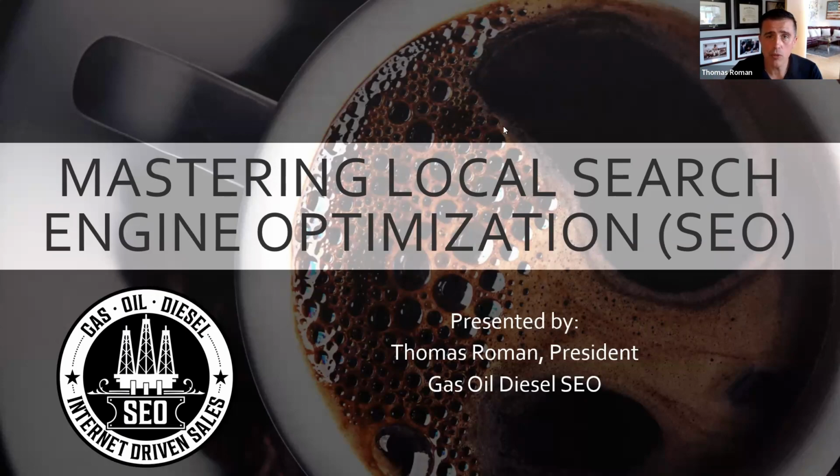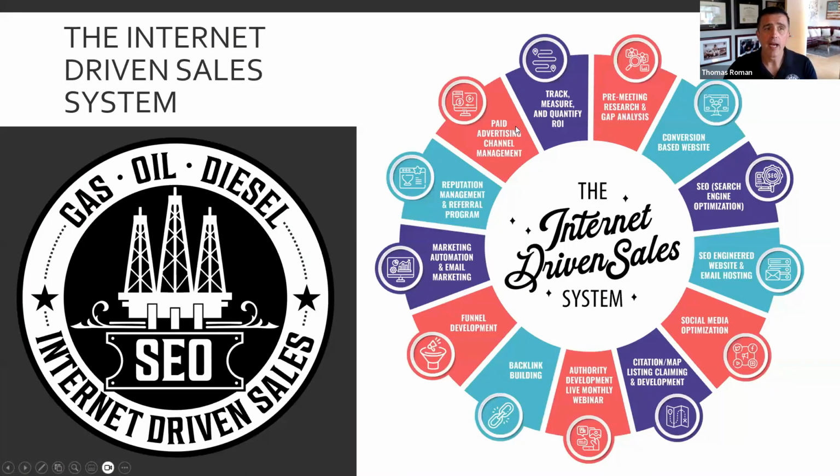The first thing I want to do is go into the presentation and show this slide. This is what we call our internet-driven sales system. Our goal with this webinar series is to do a presentation on each part of this. Last webinar was on conversion-based websites. This one today is on search engine optimization.